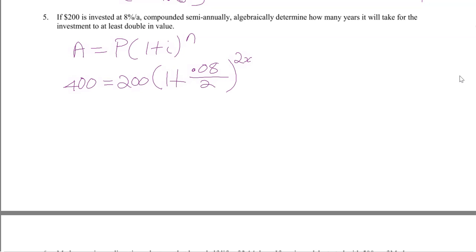So I'm going to divide the interest rate by 2 and multiply the number of years by 2. So when we solve for x, we will end up with the number of years. If instead of 2x you wrote x, you wouldn't have years, you would have semi-annual periods, and then you would have to divide that by 2 to change it into years. So either way, there has to be some modification.